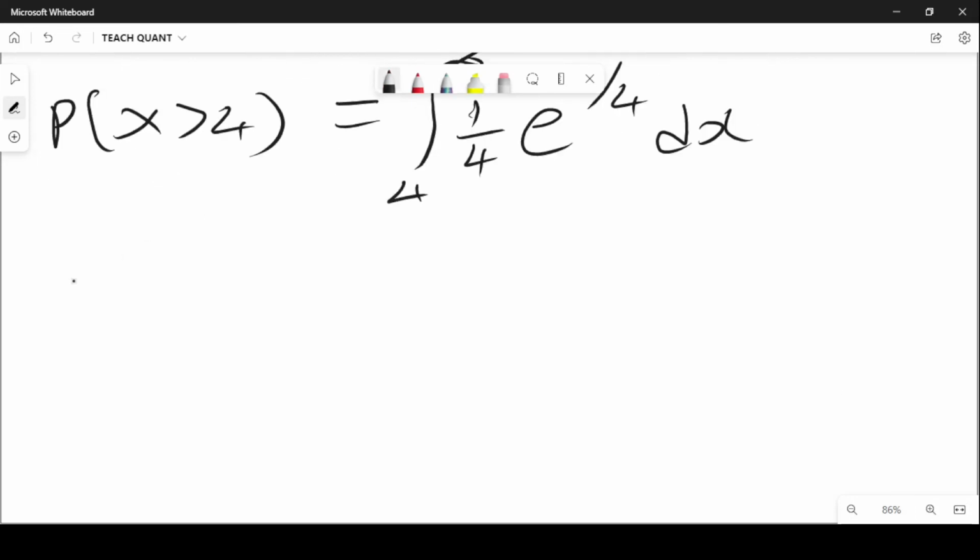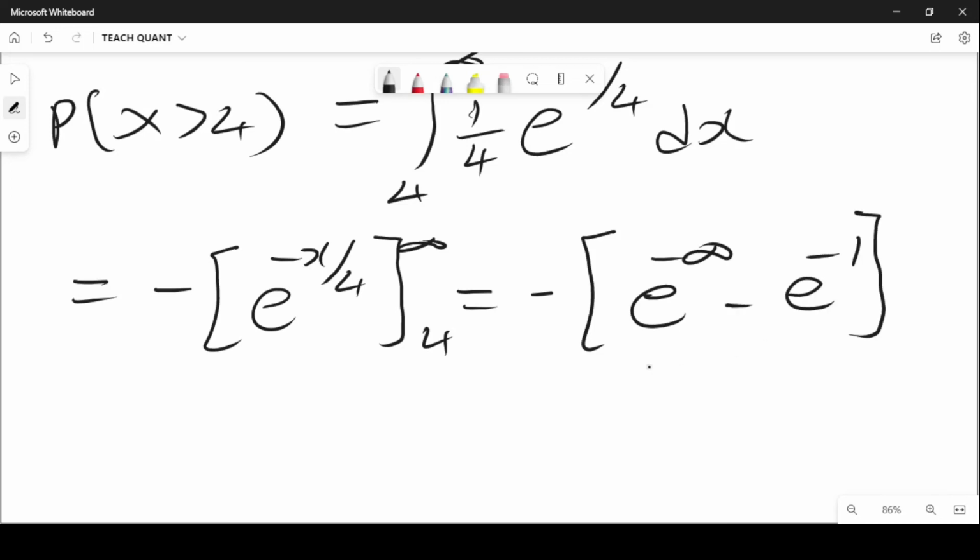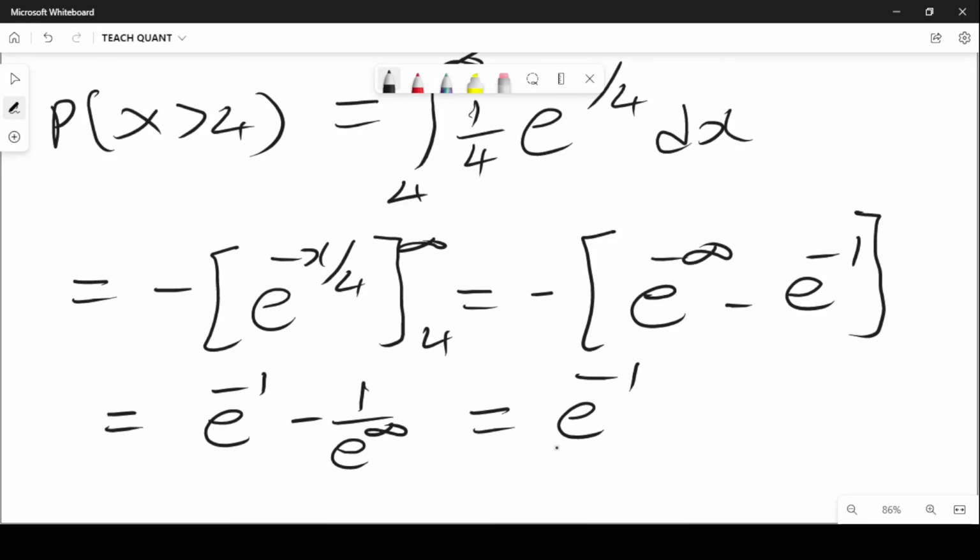Since we are using the same equation, it will be equal to negative e raised to the power negative x over 4, from 4 to infinity, which will be equal to negative e raised to the power negative infinity minus e raised to the power 1. And what we know about this is we can write it as e raised to the power 1 minus 1 over infinity. And the answer will be e raised to the power negative 1, because 1 over e raised to the power infinity will tend towards 0. It will be raising a number to a very big power, and then you divide with a very big number. So that will be the solution.